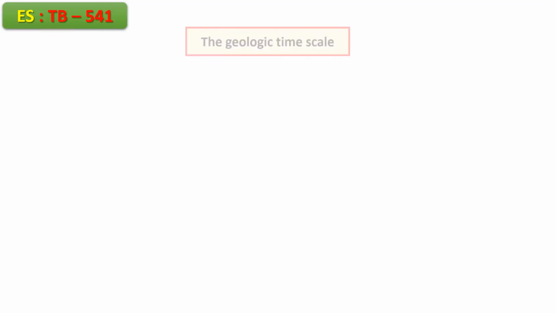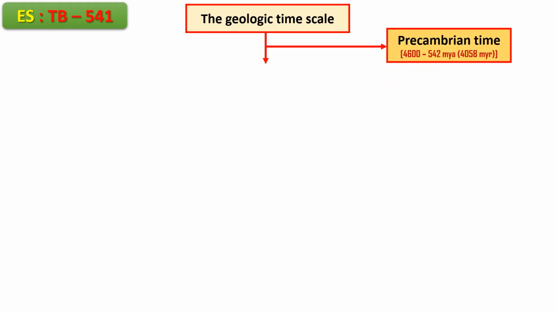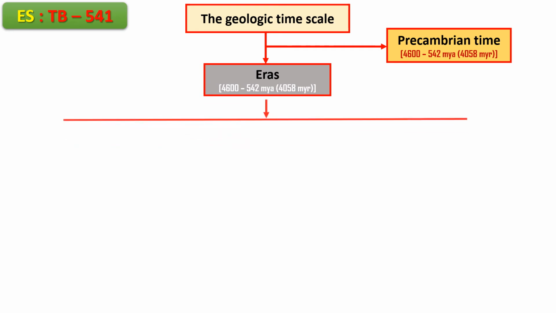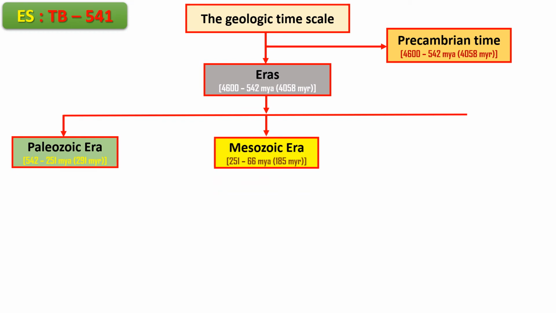Now let us check the concept map of the periods. The geological time scale starts with Precambrian time. After the Precambrian time, eras start. We already discussed that there are three eras: Paleozoic era, then Mesozoic era, and then Cenozoic era.